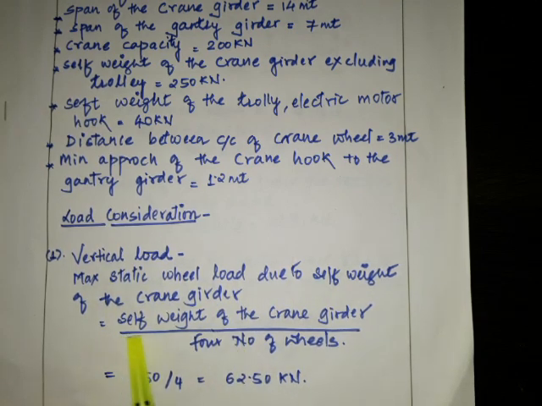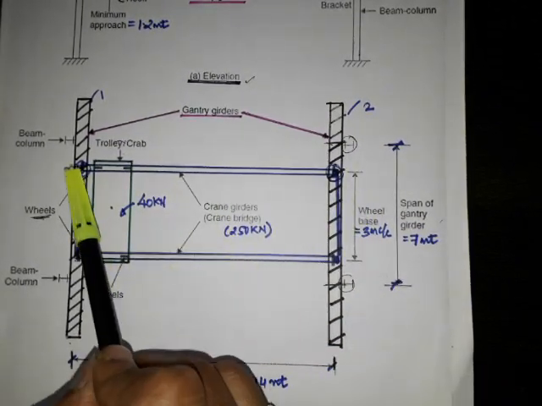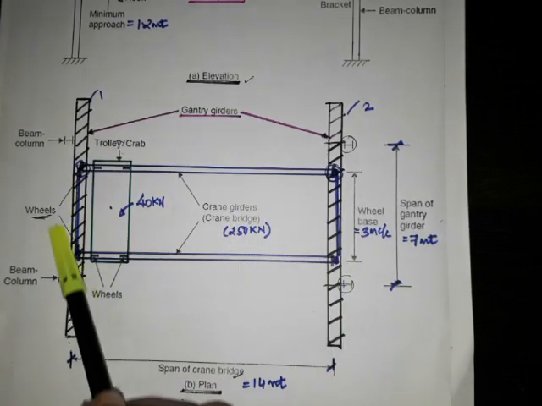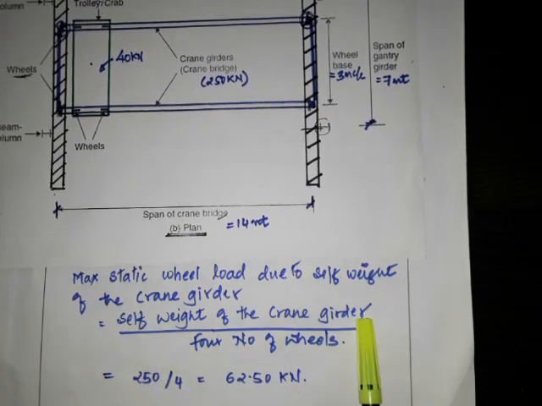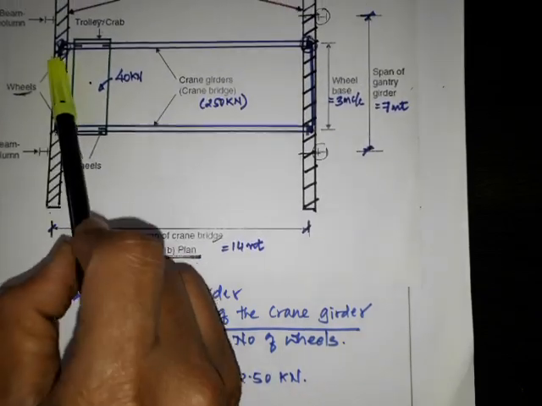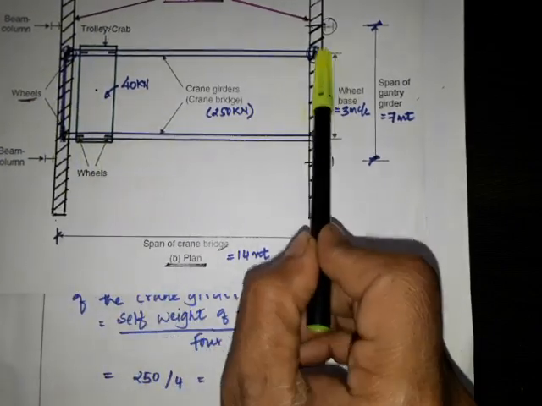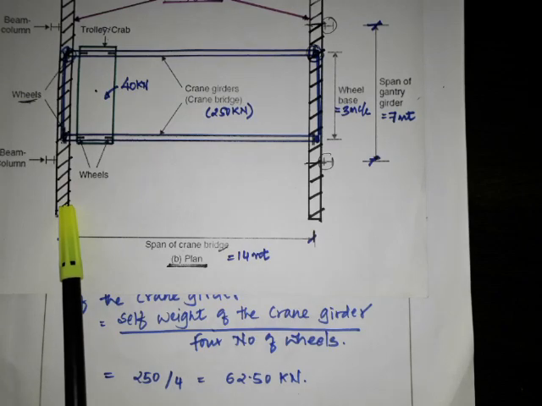So it will be self-weight of the crane girder divided by 4 number of wheels. Why should it be 4 number of wheels? Okay. Let us come back here. So here we have the 2 crane girders. One crane girder 2 wheels, so automatically 4 wheels. So whatever will be the weight of the crane girder, it has to transfer over the gantry girder through wheels.